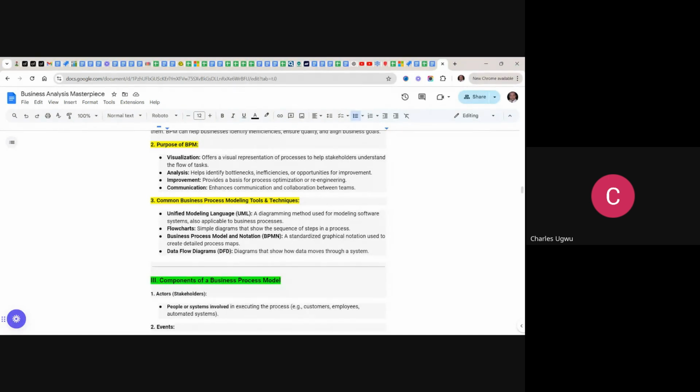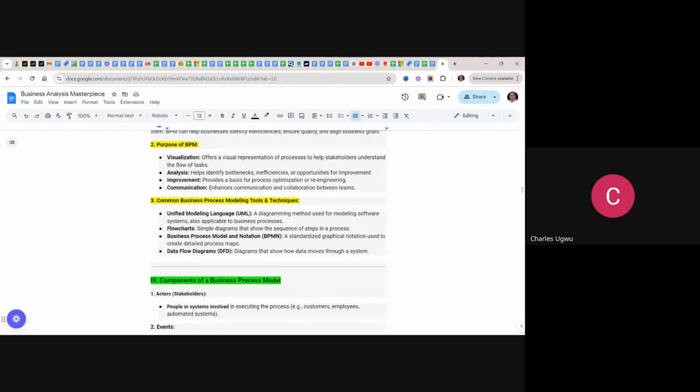And we have the data flow diagram that shows how data moves through the system. These are mainly used by data engineers, they are the people that use this a lot. But even business analysts, at times you work as a business data analyst, a business analyst that works on data, so it's important.